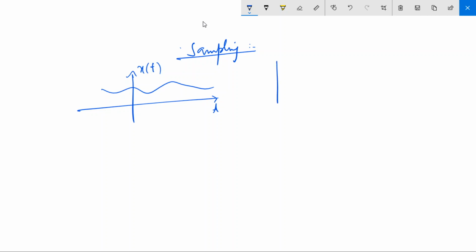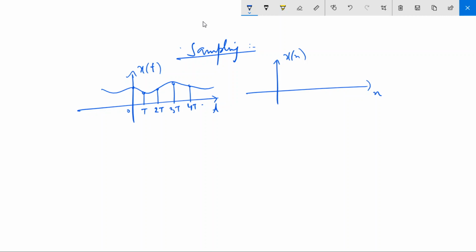When you sample it, it becomes a discrete signal x of n. And how we sample it, we take its signal at 0, then at T, then at 2T, then at 3T, then at 4T, and so on. This is the sampled signal.